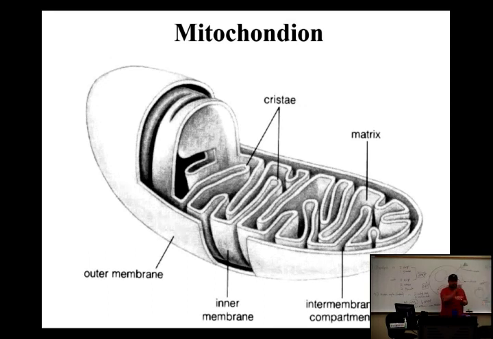Perfect. And the inner membrane is folded back and forth. Those things are called cristae. Why would it do that? What's the purpose of those folds? It's more surface area so you can put more electron transport chains. Because believe me, if it wasn't like that, there's no way you could make 10 million ATP per second per cell.